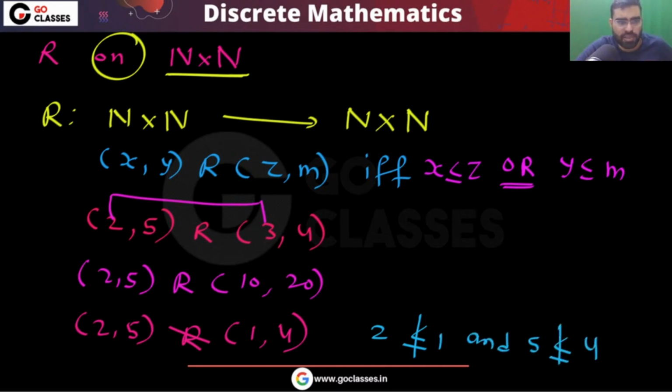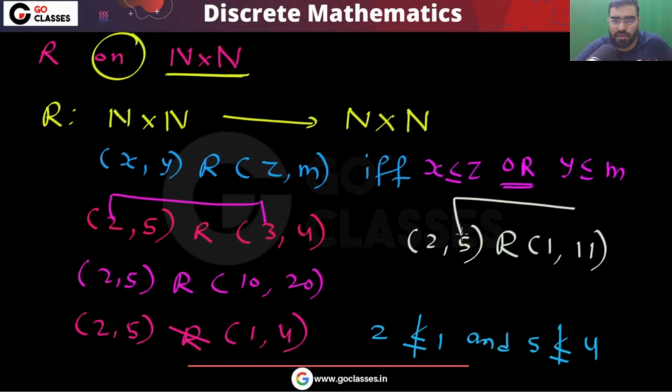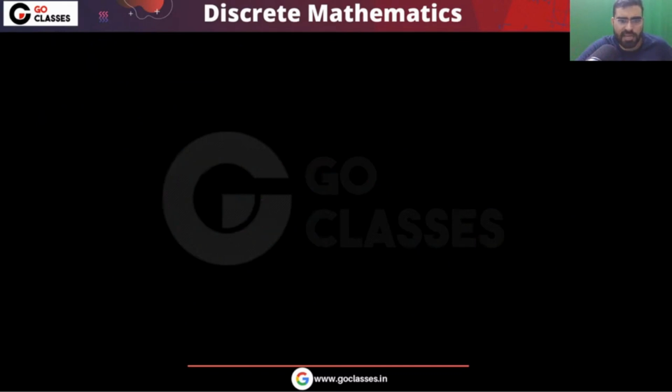So you have to understand which elements are related to which elements. (2, 5) is related to (3, 4), and to (10, 20). Similarly, (2, 5) is related to (1, 11), which is also fine because 5 is less than or equal to 11. This is how you can see which elements are related to which.